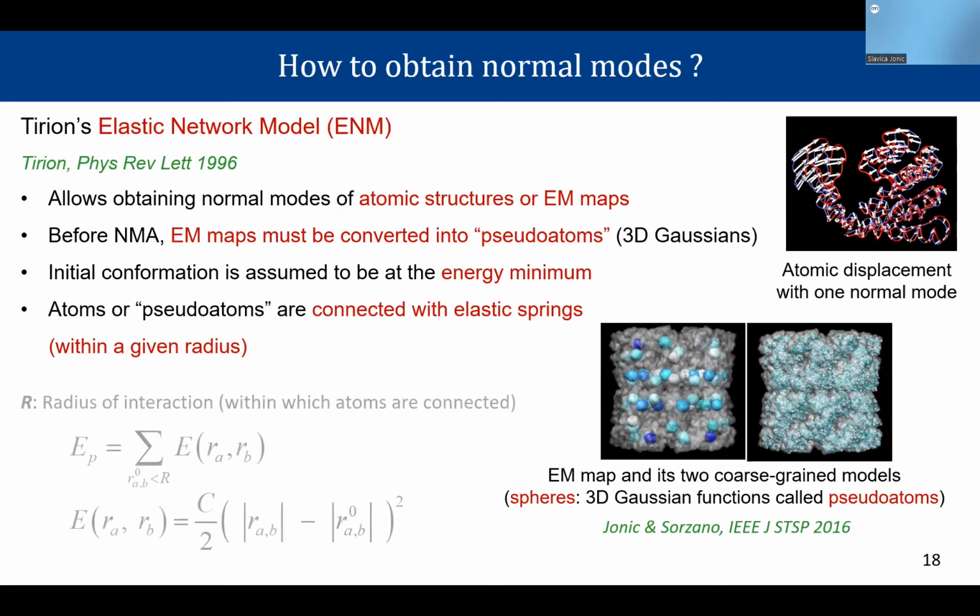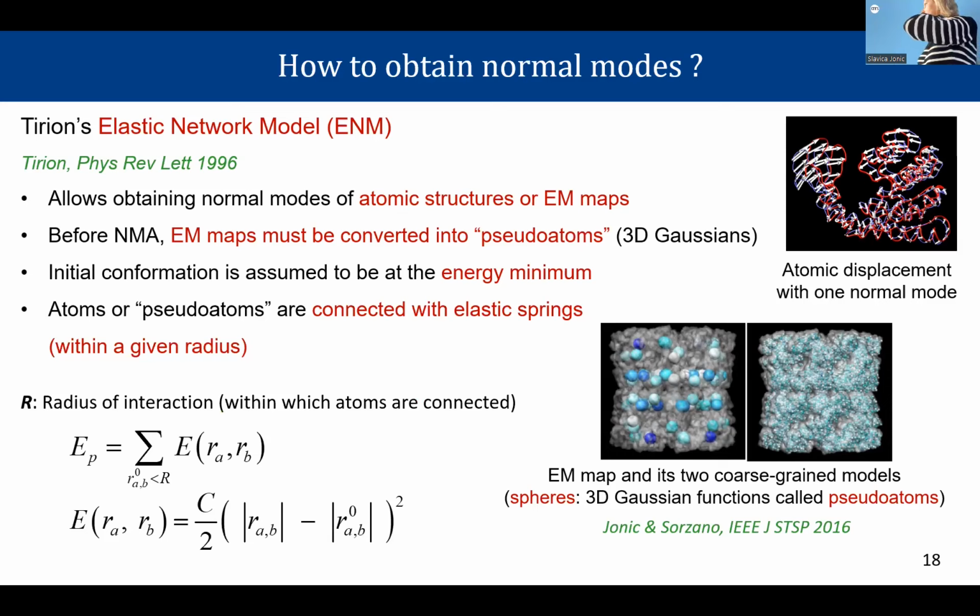This radius R is a free parameter. For atomic structures, we know how much it should be, like 6 to 8 angstrom, but for EM maps it's a little bit more complicated to get it right.